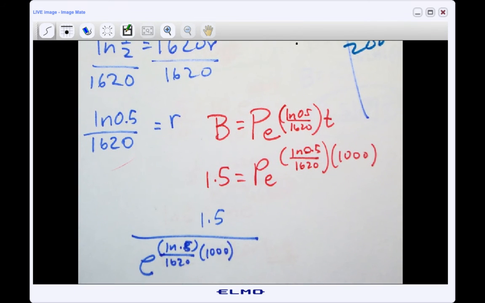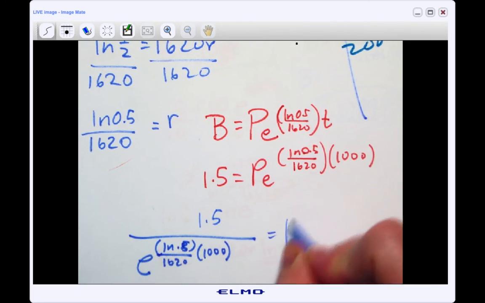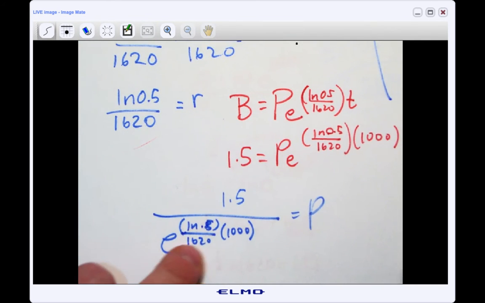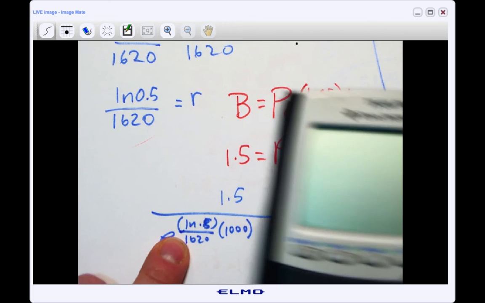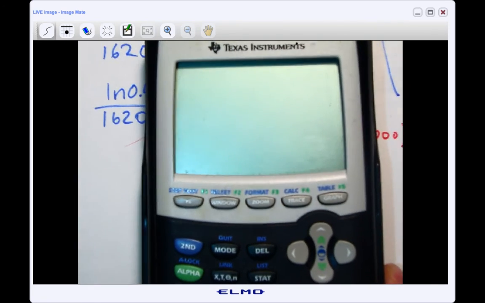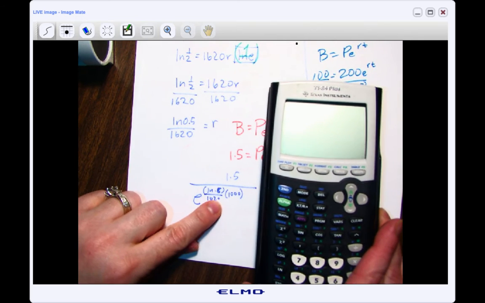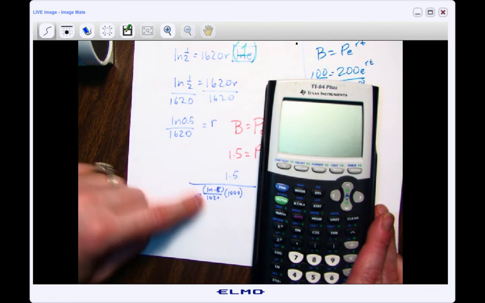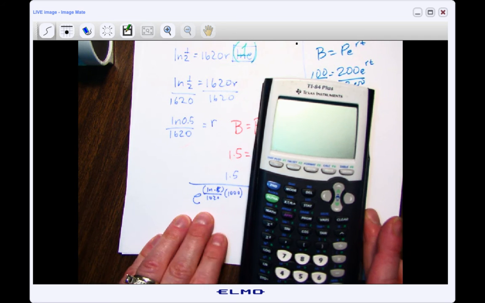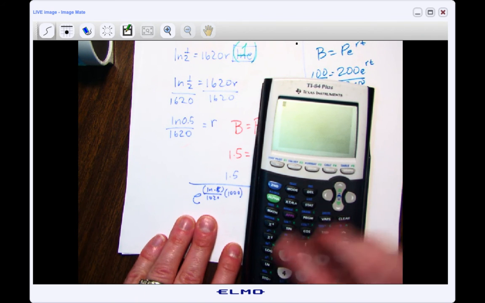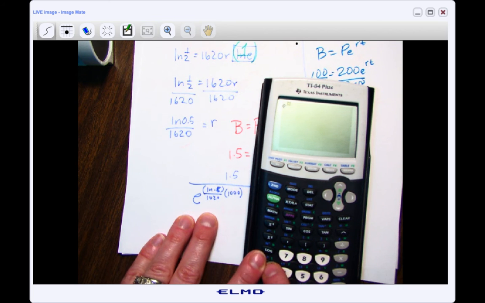Okay? Now, again, if you are a person that has a hard time typing all this into the calculator, we can do it in pieces. So I'm going to do this little bottom piece first, and then, actually, let me zoom out so you can see the calculator a little better. I'm going to do this little bottom piece first, and then I'm going to worry about the bigger fraction. Okay, so I'm going to clear all this out so it's not as confusing. I'm going to do my second key and get this e to the something.